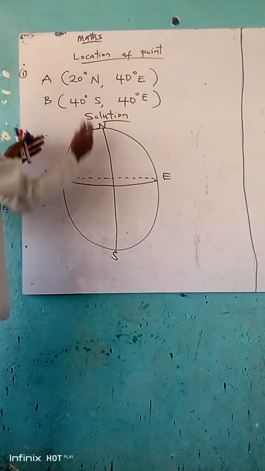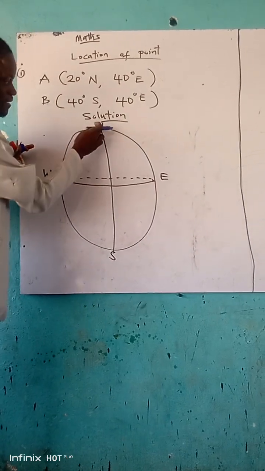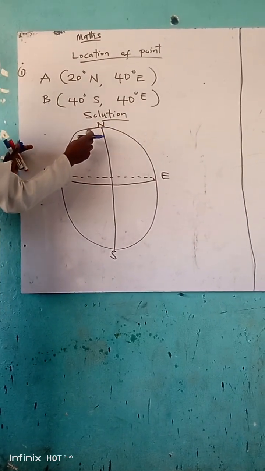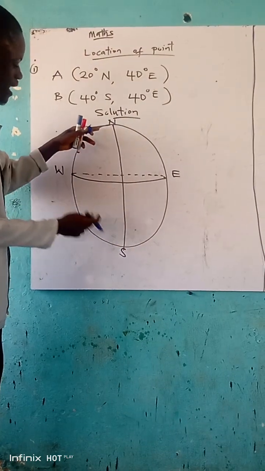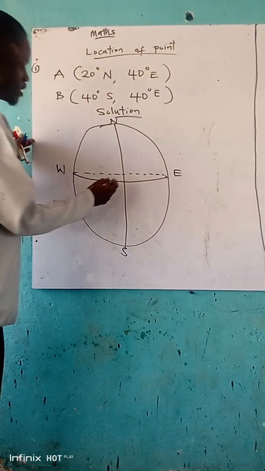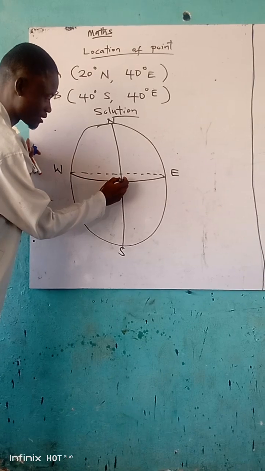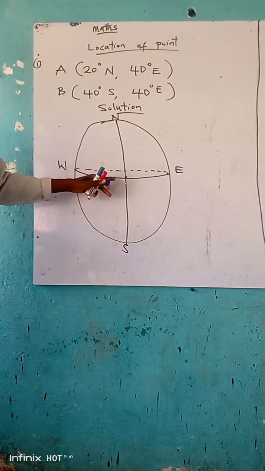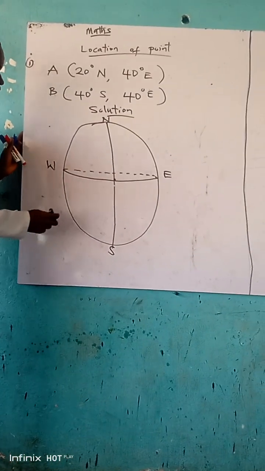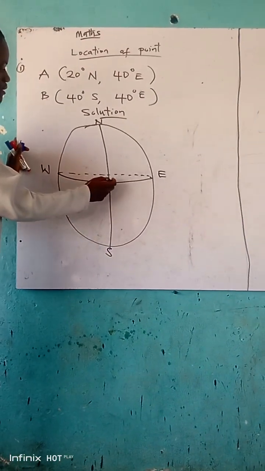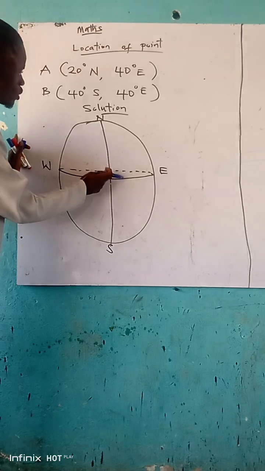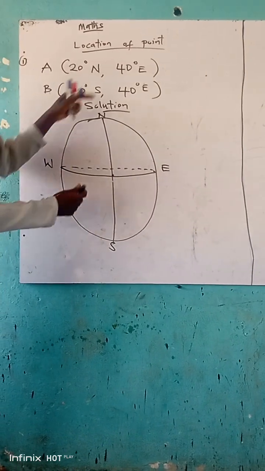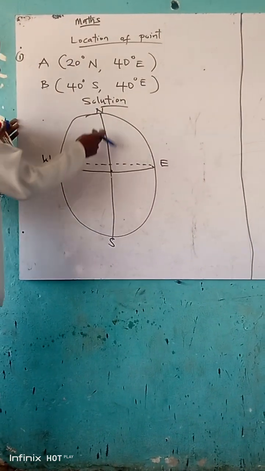So point A, 20 degrees north. This is our north hemisphere, and this is our south hemisphere. If this is point 0, remember at the equator, the angle is 0 degrees. So if this is at 0 degrees, we are going to measure to 20 degrees north.